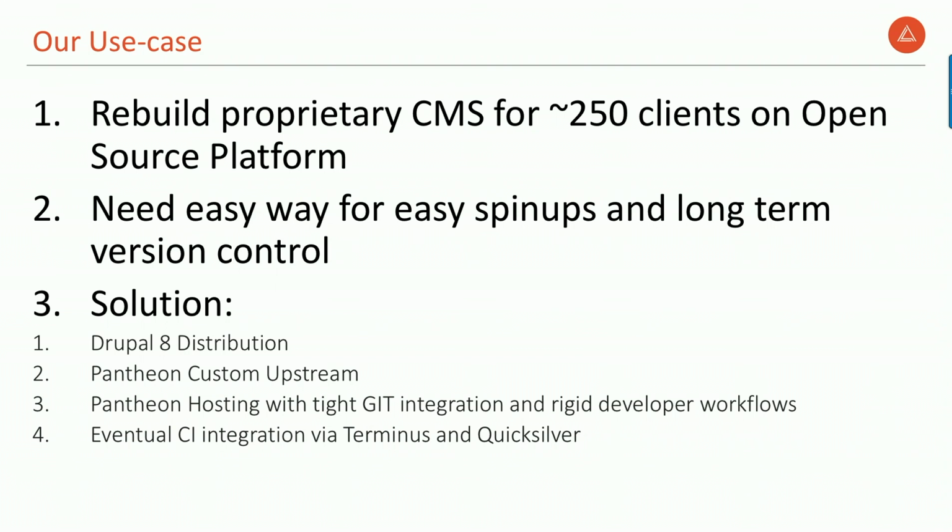Terminus and Quicksilver are two utilities that come with the Pantheon platform. Terminus is their command line utility that allows you to do anything against the platform, such as spinning up sites, doing bulk drush commands, and doing bulk site updates. Quicksilver is their webhooks feature that allows you to hook on events that happen on the platform.